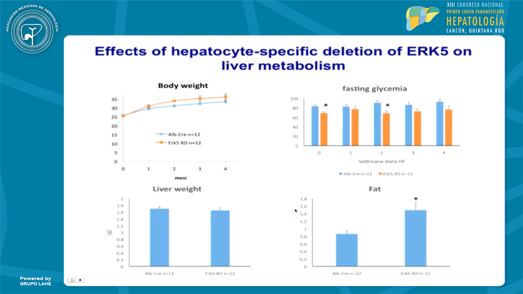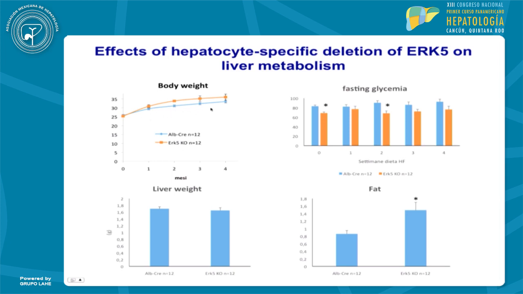Another model that we're looking at is the model of steatosis. It's just the model that Dr. Armendaris showed you, the high-fat model for 16 weeks. And these mice increase their body weight and develop increased blood sugar level. As you can see, again, here, the mice in orange are those without ERK5, and the mice in blue are the control mice.